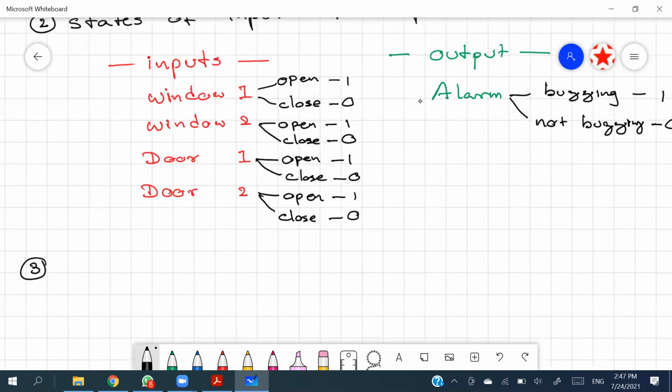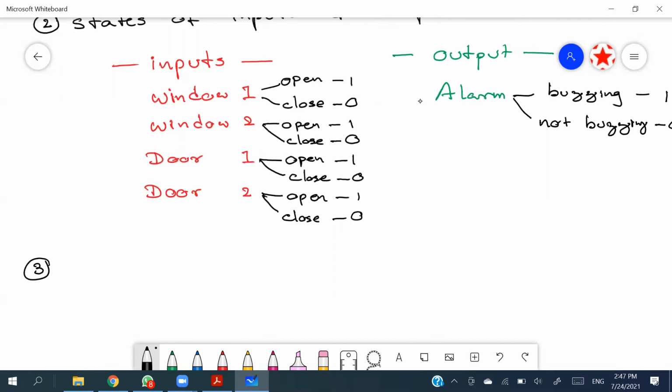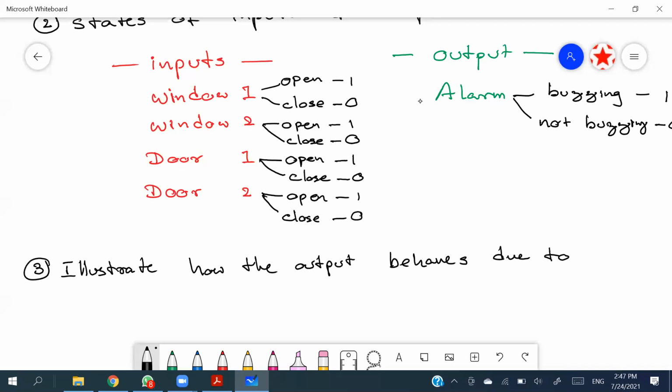So the third step: illustrate how the output behaves due to inputs, right?